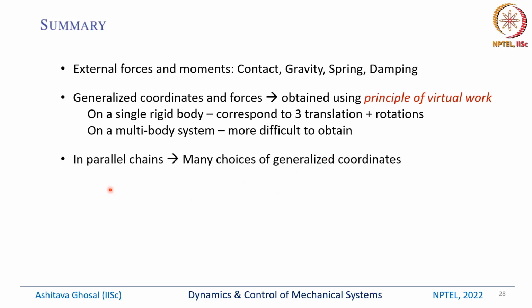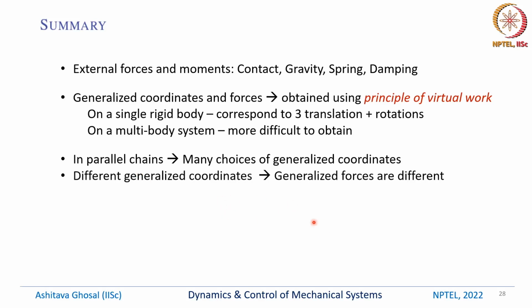So there are many choices of generalized coordinates in parallel chains, and for the four-bar mechanism I showed you 2 possible ways. Once, I had an input angle and an output angle, the crank and the output. In the other case I had 3 angles. So the different generalized coordinates which you choose for a parallel chain will give different generalized forces. They are different. So we need to keep in mind what we are exactly doing to figure out what the generalized forces and what the generalized coordinates are.